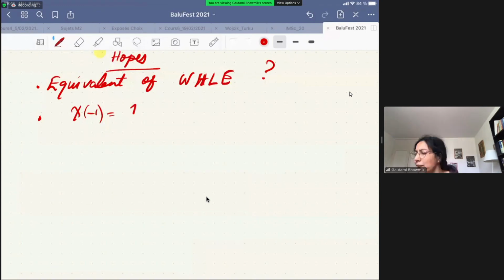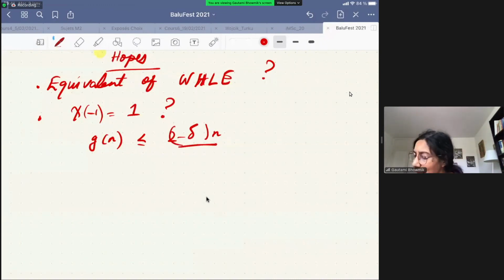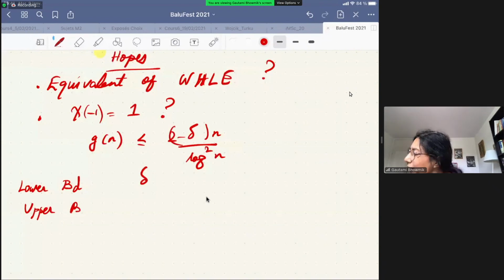So here I think that maybe if we take g of n to be less than or equal to 2 minus delta, instead of having delta times n over log squared n, then maybe we get a lower bound, which is delta, and an upper bound, which is 2 minus delta.